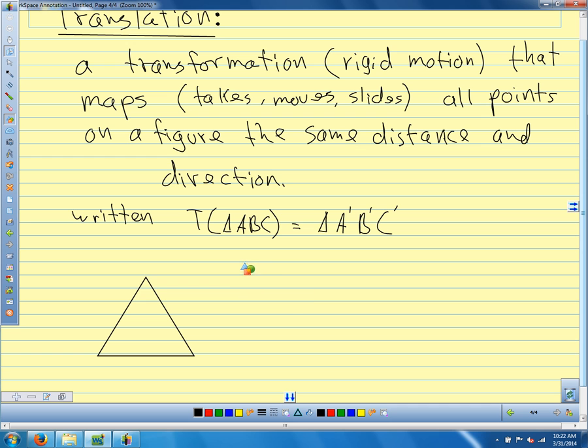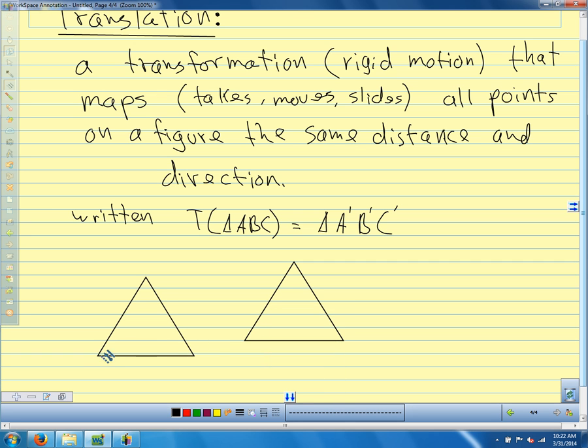We have another triangle that's a translation. And what I've done is I've taken that vertex and moved it to there, that vertex and moved it to there, that vertex moved it to there, and every other point on the triangles, I've moved them the same distance and the same direction. So if that's ABC, this would be A prime, B prime, C prime.